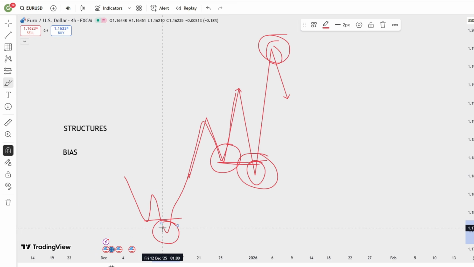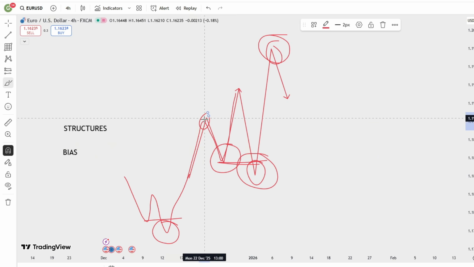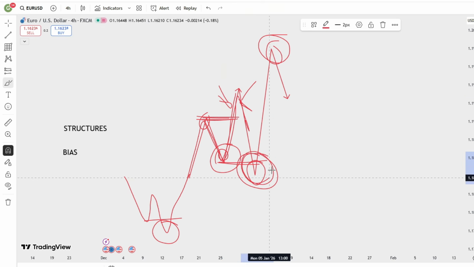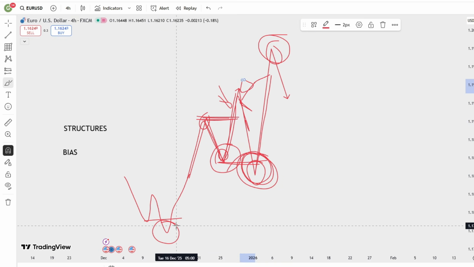Now you have internal liquidity. Price probably breaks down here, a false breakout, inducing players to sell here, short here, and then the market sweeps this old low and wrecks all those players who are shorting right here. So this is how the market moves.